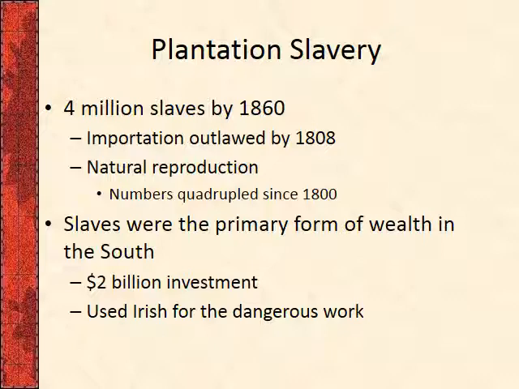Smuggling, not specifically from Africa, but you would get a lot of them from the sugarcane islands. So from the Caribbean, they would bring in, illegally, new slaves. But that's a fairly small percentage. The greatest percentage increase, right? The numbers quadruple, is from natural reproduction.